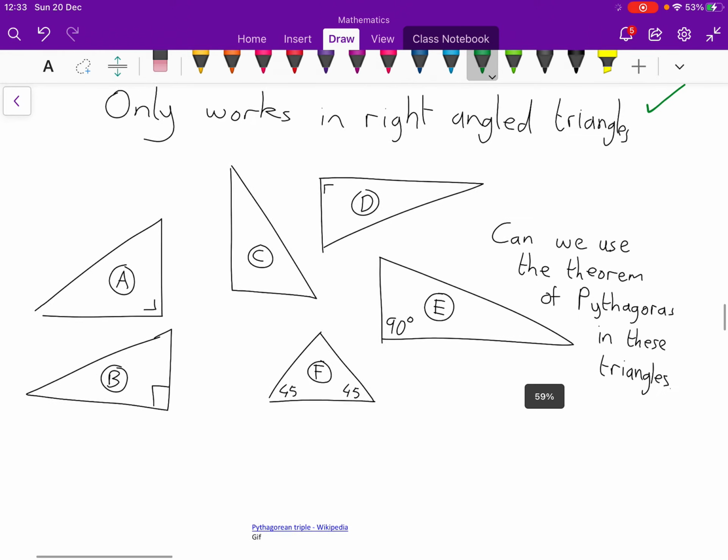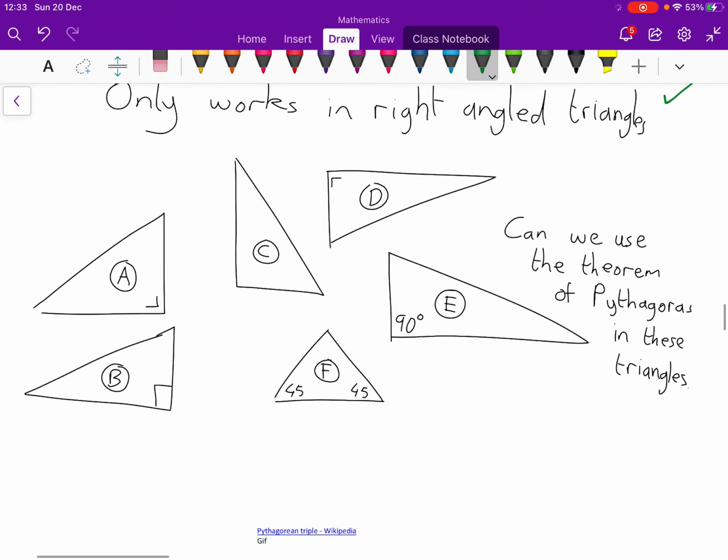So if it only works in right angle triangles, can we use the theorem of Pythagoras in these particular triangles? Okay, so we have a right angle triangle here. Yes. B, it's a right angle, so yes. C, I don't know if this is a right angle or not, so for the moment I'll have to say no, can't use it. Triangle D, that does have a symbol, it's telling me it's right angled, good.